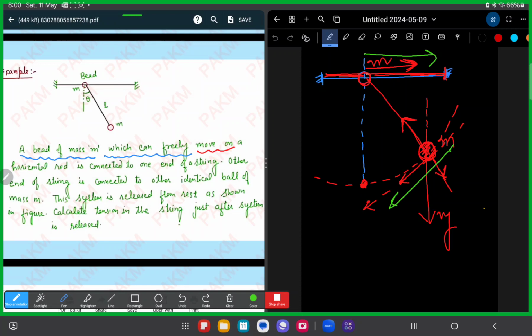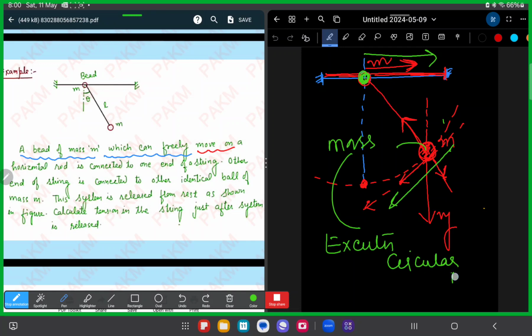But earlier we have seen that if we make it fixed, this mass will execute circular motion. But since it is not fixed, it is moving in the forward direction. And by what force? Once again tension is acting on the bead.